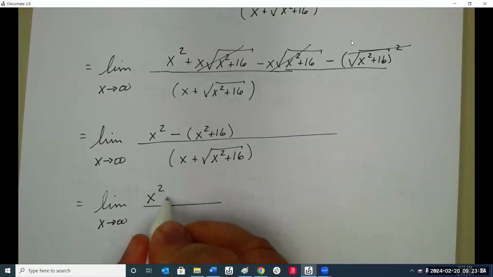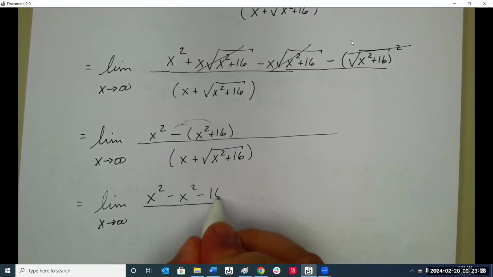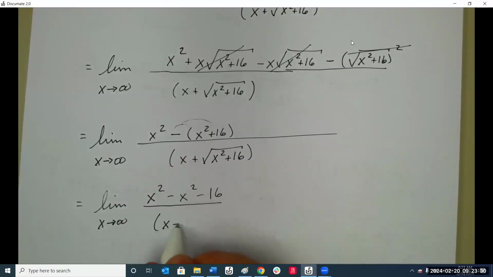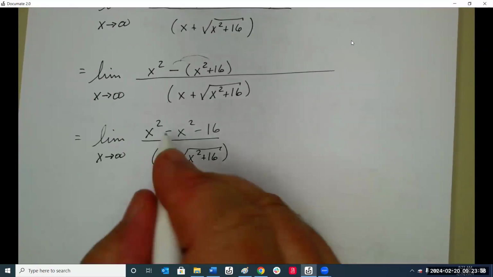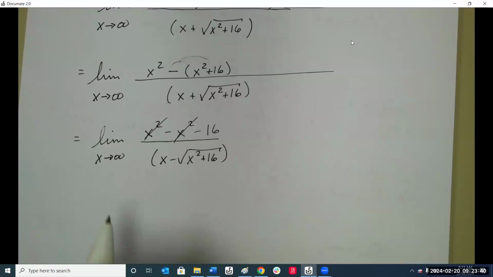We have x squared, distribute that negative, minus x squared minus 16. Those cancel.